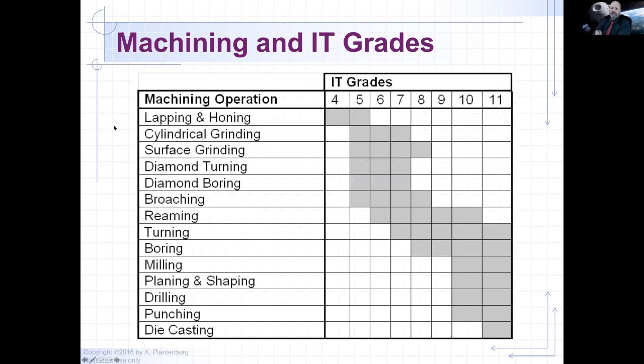So this shows you how you would machine different IT grades. The IT number, remember, the bigger the number, the looser it is, and the cheaper it'll cost. And if you look at this table, all the way at the bottom is die casting. That's the sloppiest tolerancing you may have.